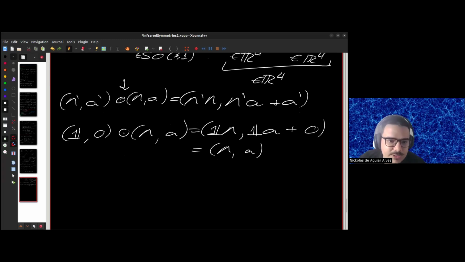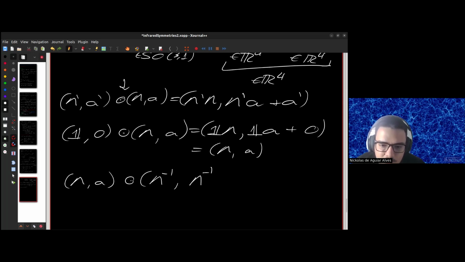You can also check what is the inverse. The inverse is going to be given by, let me see, lambda inverse. And the A part is a little bit more complicated. I think it's going to be lambda minus 1 times A. Let's check. We get lambda minus 1 as the first bit.